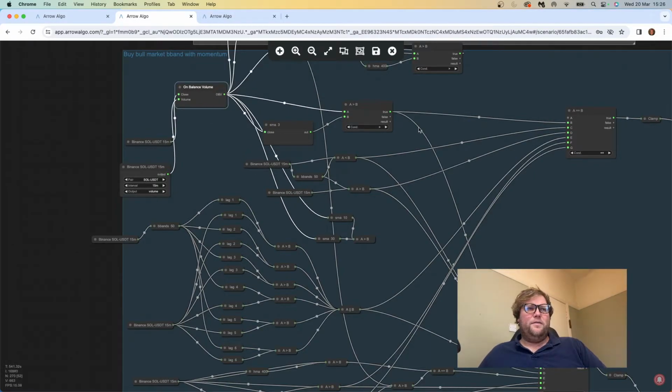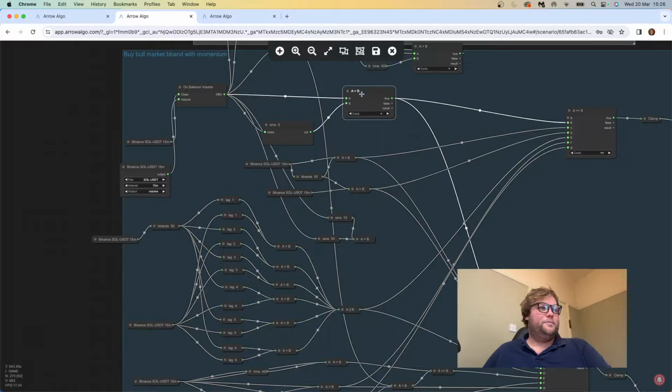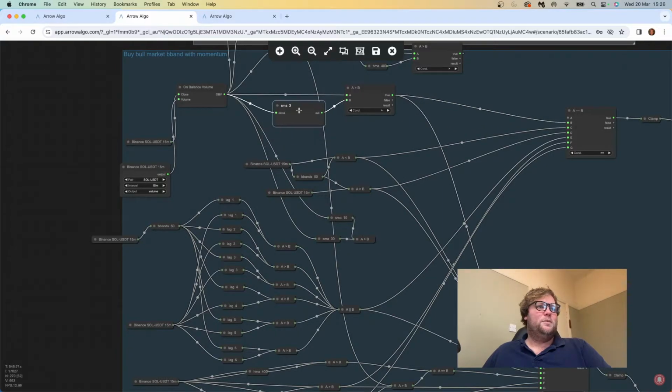Second, we're looking at a volume-based indicator, and again it's similar to above. We're just checking it against the moving average. For an on-balance volume calculation, we need the closing price and the volume data.